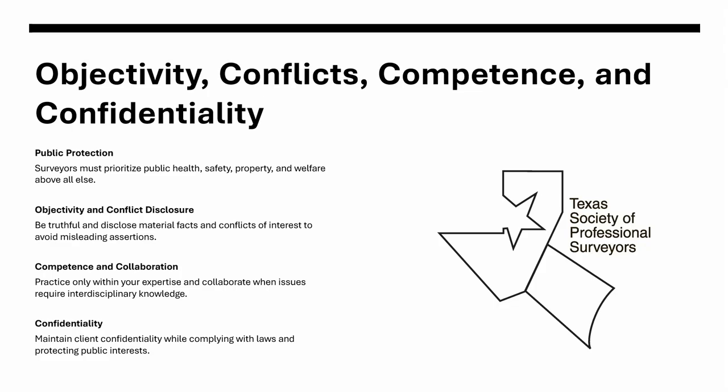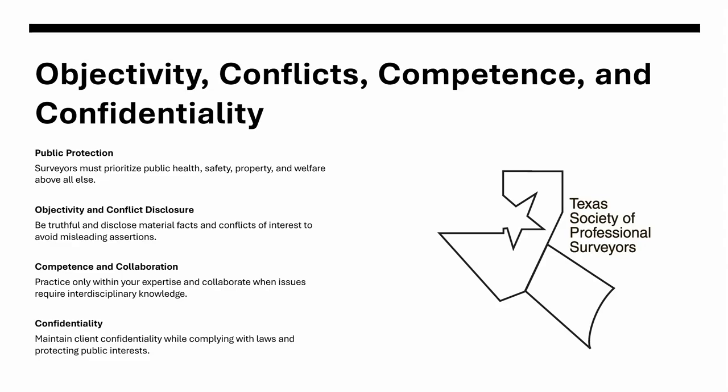Be objective and truthful. Your assertions, oral or written, must not be fraudulent, deceitful, or misleading. Disclose material facts and limitations. If a boundary could float due to conflicting calls, mark it. Conflicts of interest must be disclosed and managed appropriately.